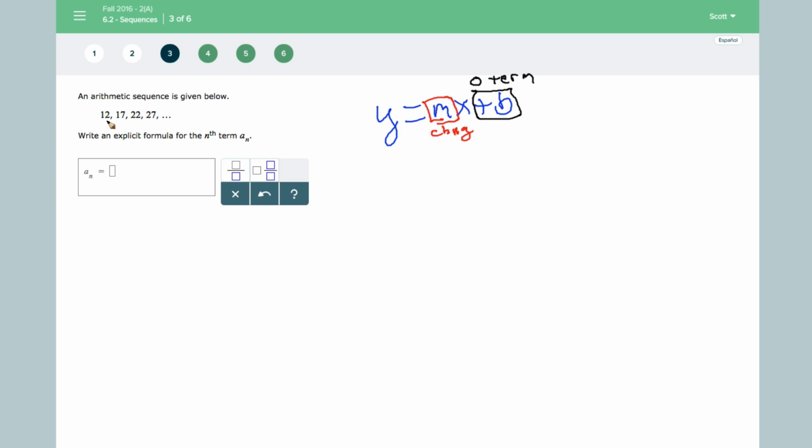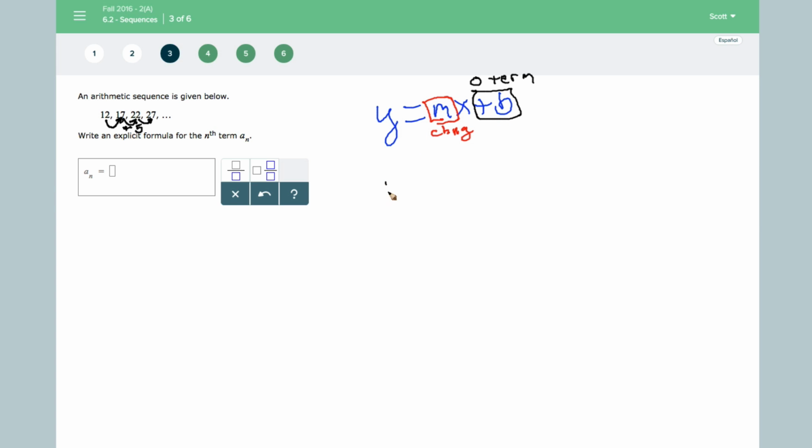So what's happening here? We have 12 to 17. That looks like plus 5, and plus 5. So we see the rate of change is plus 5. That's good. That's what we want to know.